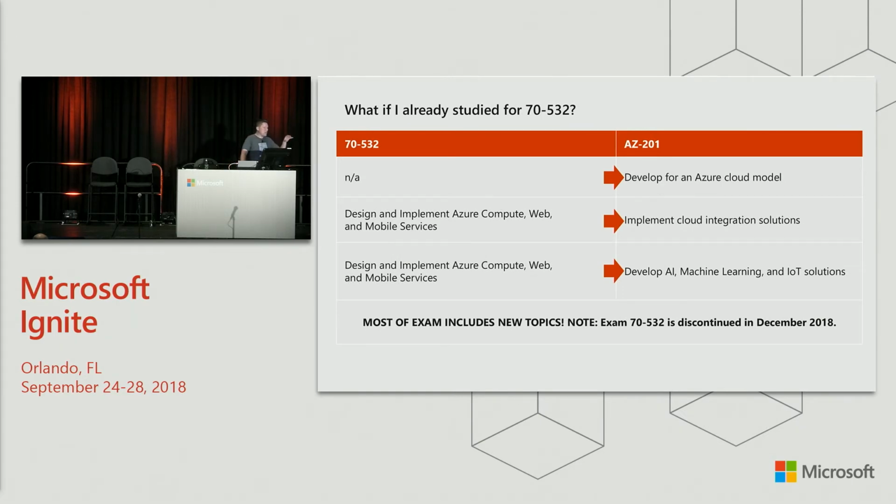But a lot of the knowledge that you've already studied for 532 translates into AZ-201. The first area, which is half of the exam, does not, but some of the other categories do translate over. So your learning is not a waste, but I would tell you to target AZ-201 because there are a lot of new topics on this exam, especially around developing for the Azure cloud model.